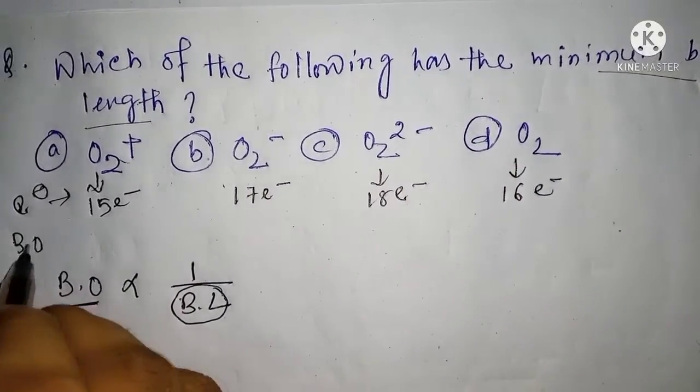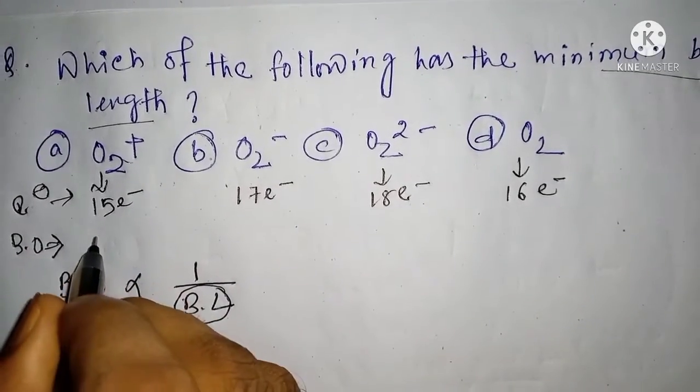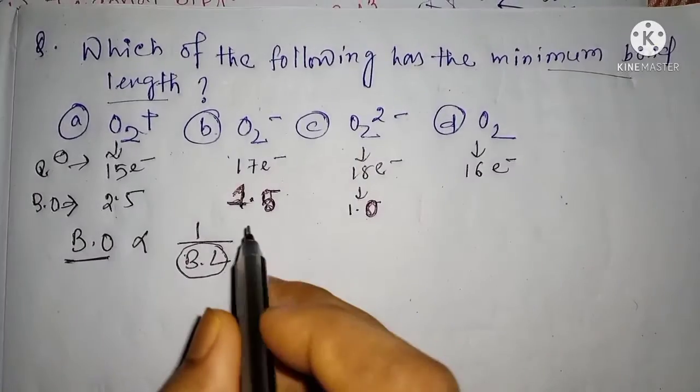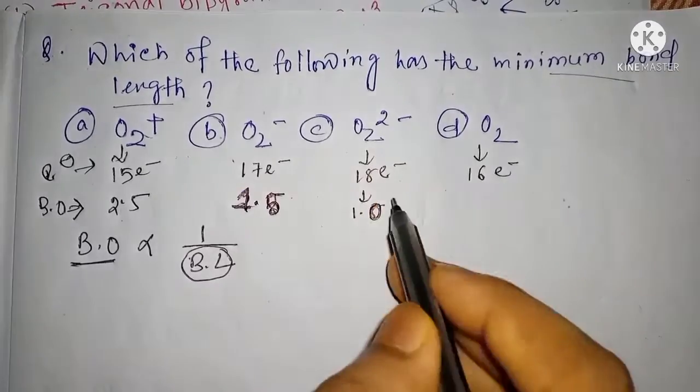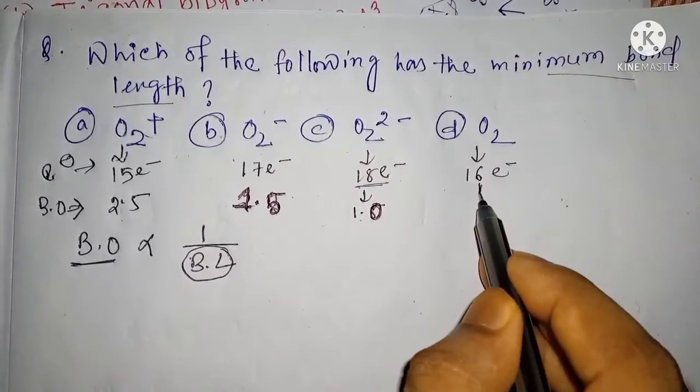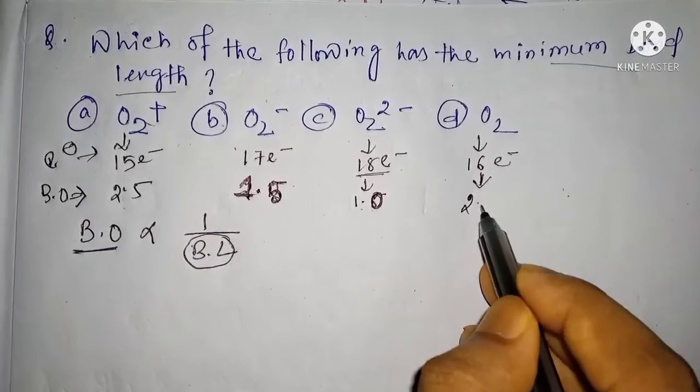Now bond order in case of 15 electrons is 2.5. O2- with 17 electrons is 1.5, O2 2- with 18 electrons is 1.0, and 16 electrons is 2.0.